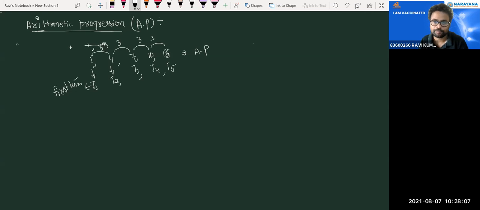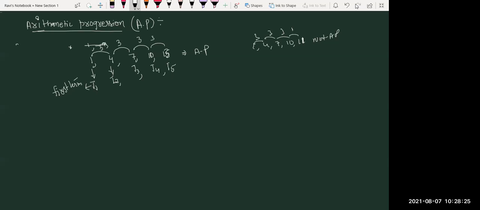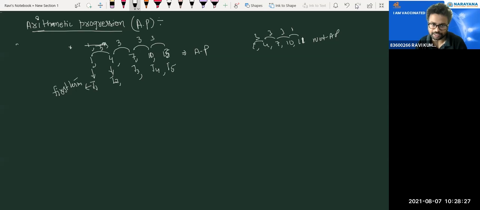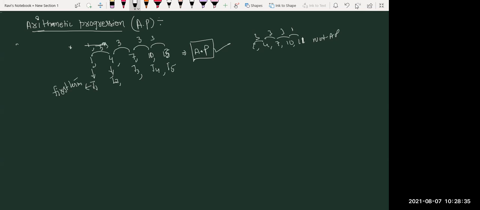For example, if it is 1, 4, 7, 10 and then 11, it's not an AP, because the difference was 3 each time, but with 11 the difference is 1. So it's not an AP series. If the entire series has the same common difference, then we can say they are in arithmetic progression.